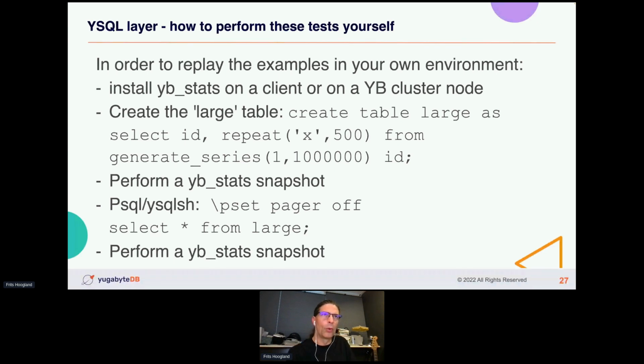And you can create the large table that I created. Large is just a name, and maybe it's a silly name, because large is relative to the size of the rest, obviously. It uses create table as select, and what I do is I select id and then a column repeat, for which I repeat 'x' 500 times, simply to create padding for the column.